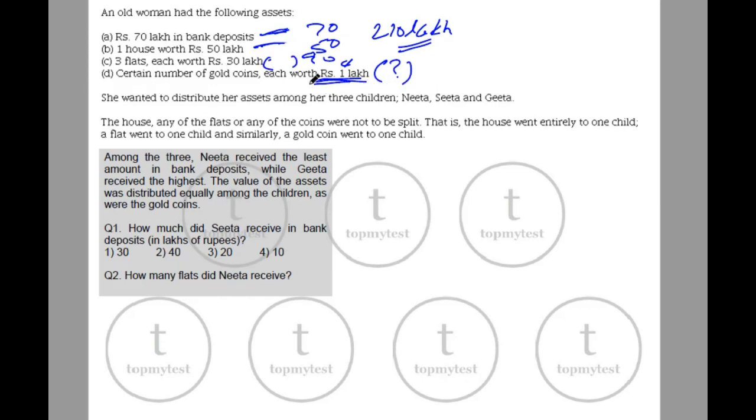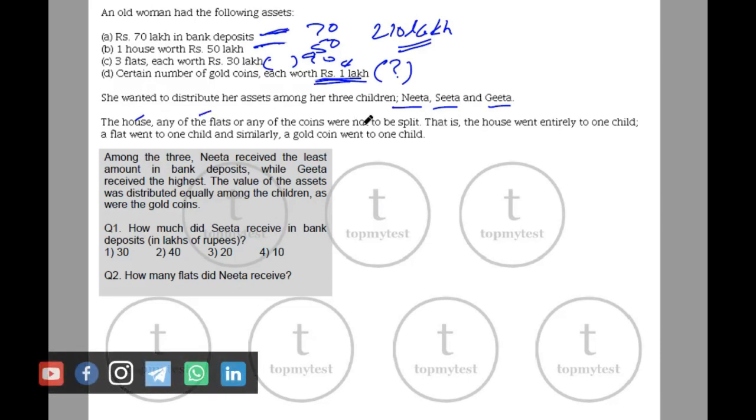She wants to distribute her assets among 3 children, Nita, Geeta, and Sita. The house, any of the flats, or any of the coins cannot be split. So you cannot take half a house, half a flat, or half a coin. You cannot sell it and divide it. You have to give the value in full. So the house goes entirely to one child, a flat to one child, and a gold coin to one child.